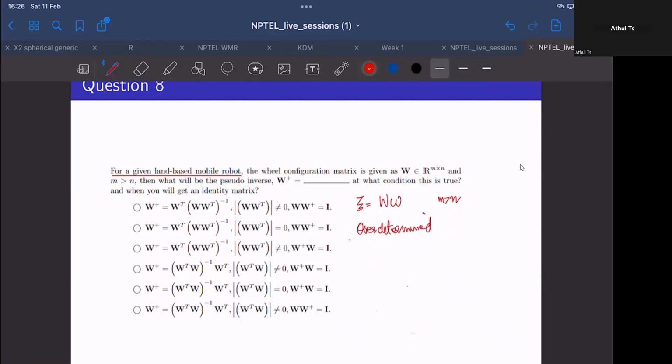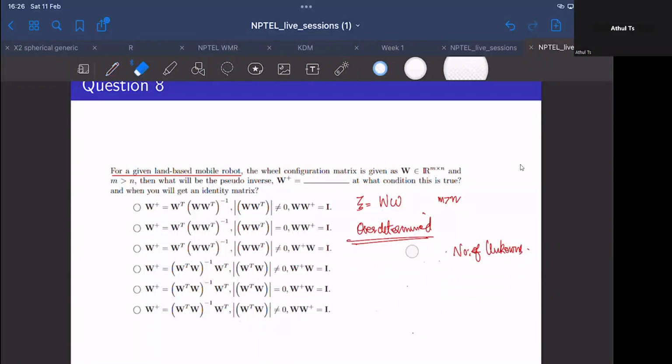Or in other words, the number of equations is greater than the number of unknowns. I hope this is clear. So what happens if this is the case?